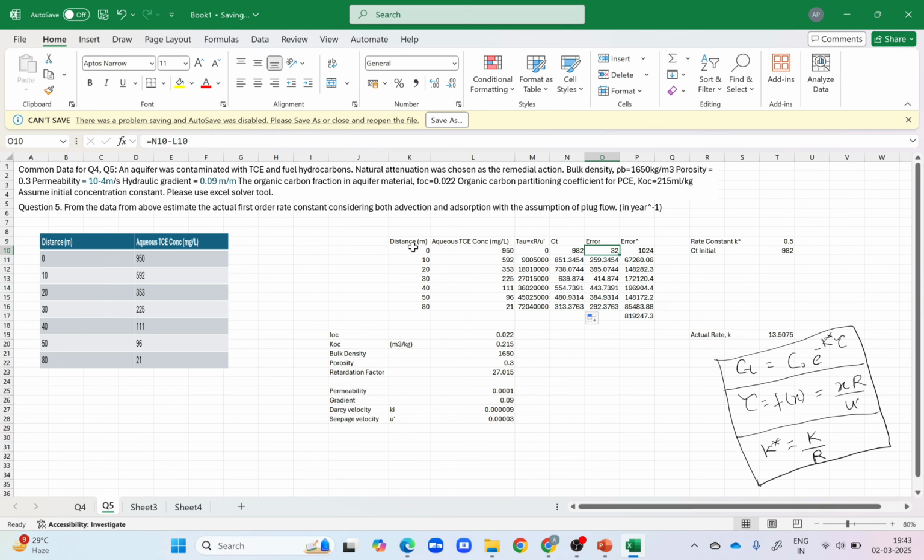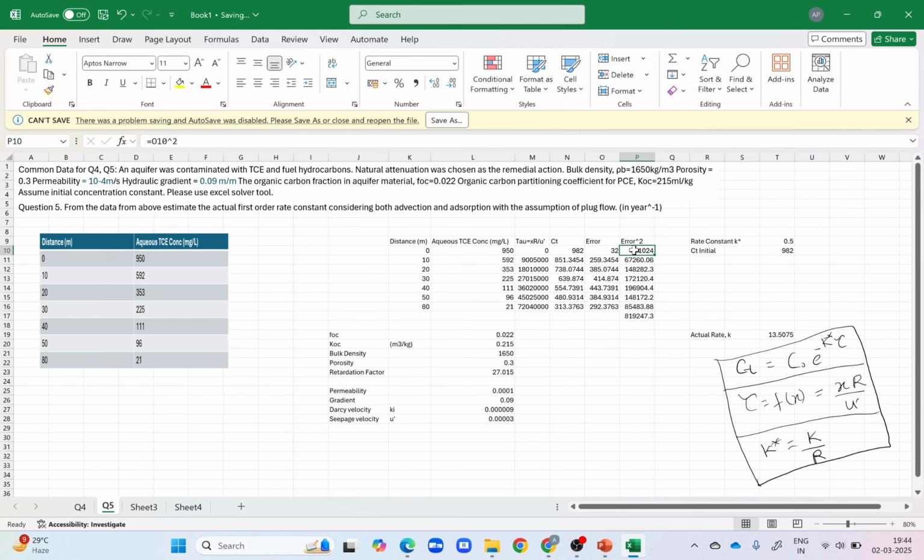Next, again we have to find out the error. The error will be the difference between the model value which we have got and the aqueous TC concentration. So it will be 982 minus the aqueous TC concentration. We can drag this here and get the error. Next we have to find the square of the error.